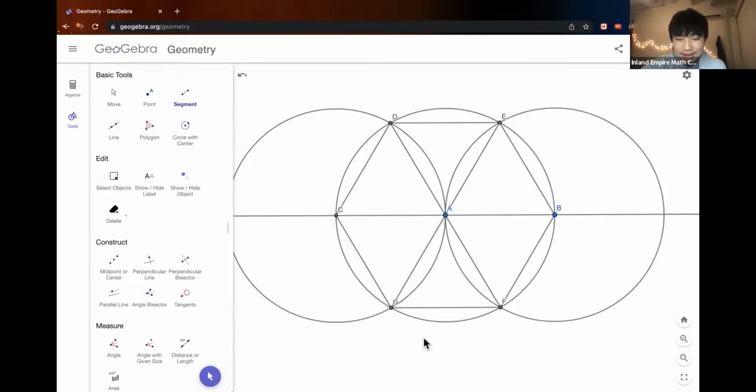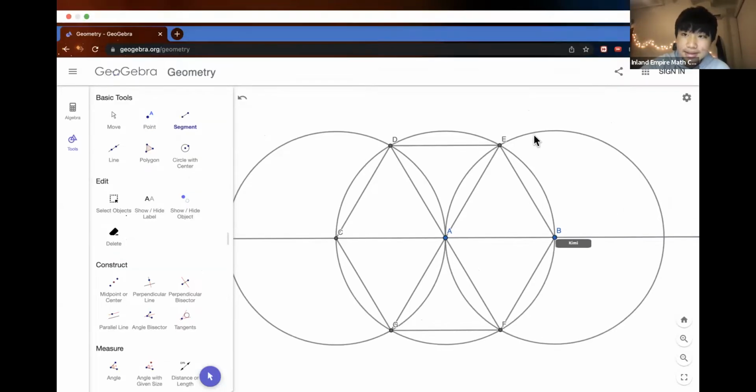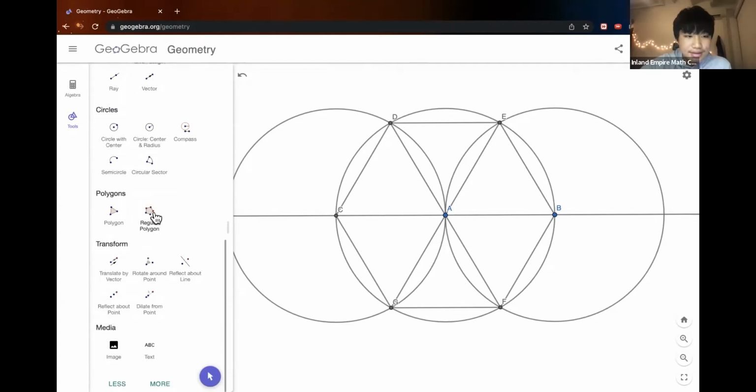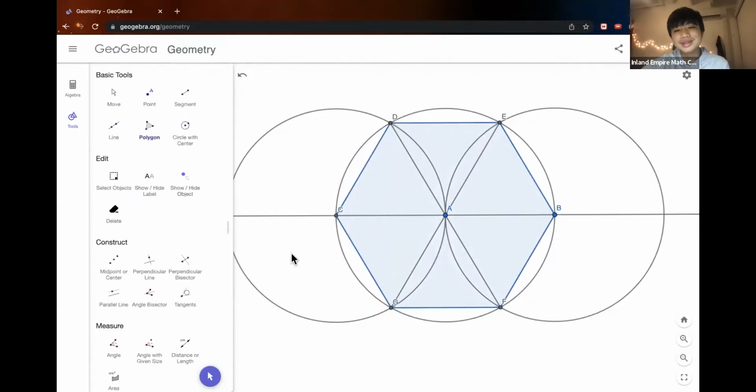So does anyone want to see how they can prove this? Well, let me actually just highlight this hexagon real quick, just to make it a bit clearer. Okay, yeah, that looks pretty cool. But remember, a hexagon is actually made out of these 6 equilateral triangles.